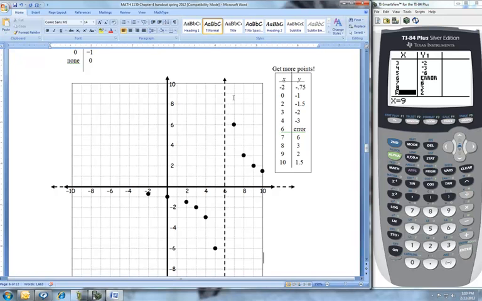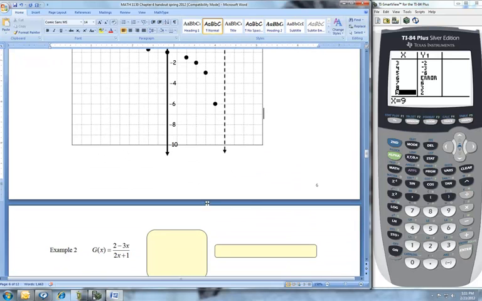Then pick up your pen and on the other side start snuggling here, come in and start connecting and snuggle here. So that's about all I can do with that one. And that would be indicating all that information. Also, I do have my point at 0, -1, which is my y-intercept.